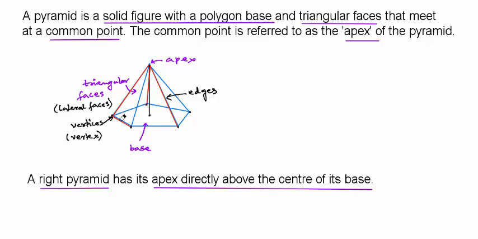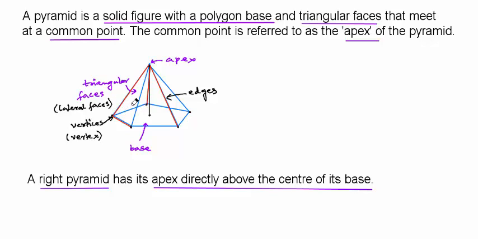If the base of the pyramid has got n sides or n vertices, there are going to be n plus 1 vertices in all on the pyramid, because you have n vertices on the base and add one vertex, which is the apex of the pyramid. Similarly, a pyramid that has got n vertices on the base has got n plus 1 faces.